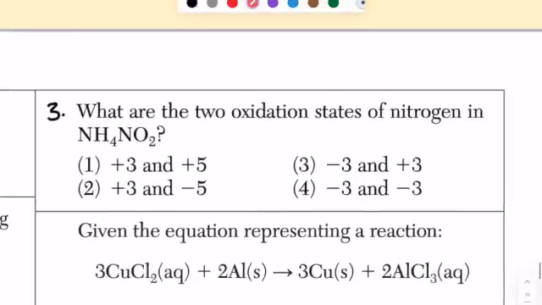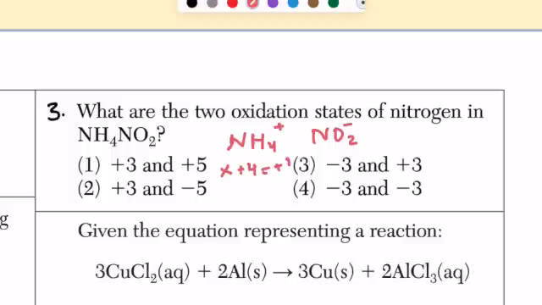What are the 2 oxidation states of nitrogen in NH4NO2? So the easiest way to solve a question like this, where you have 2 polyatomic ions, is to think about their individual charges. So ammonium has a charge of +1, and nitrite has a charge of -1. So when you set up the equation for this, nitrogen is X, hydrogen is +4 for the 4 hydrogens, and that should be equal to +1.